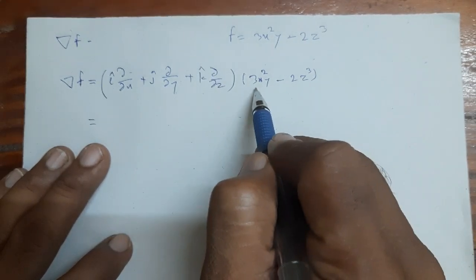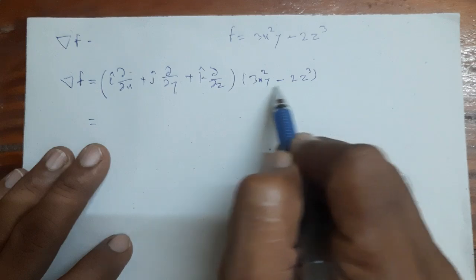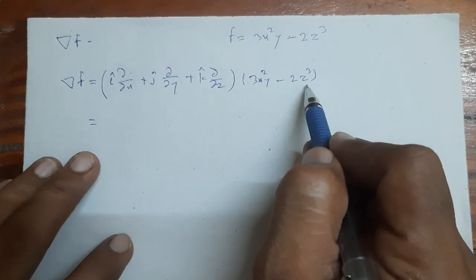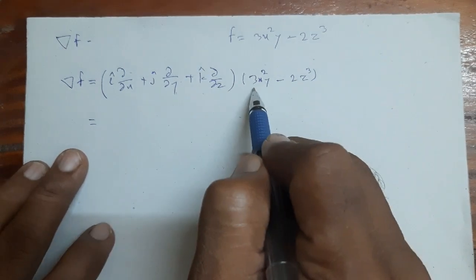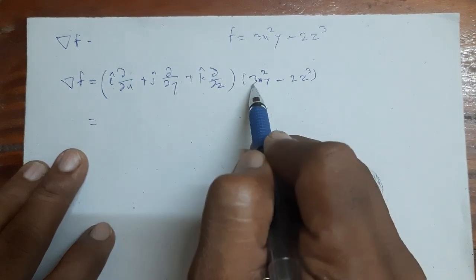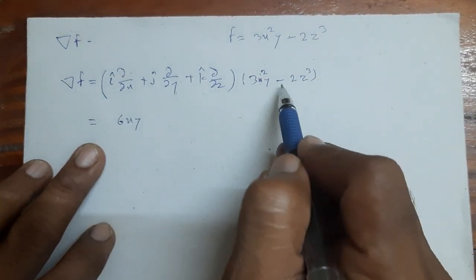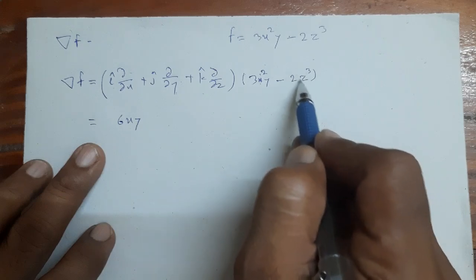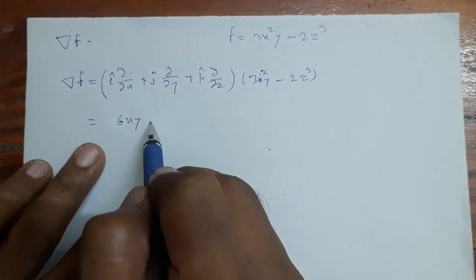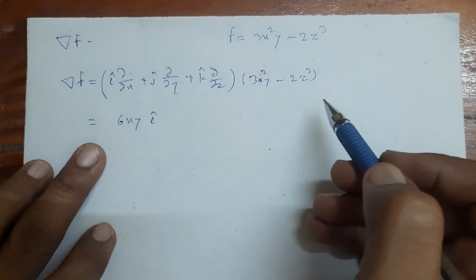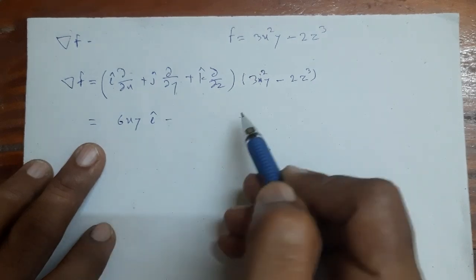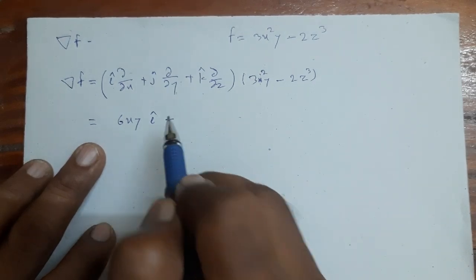Means I will have to calculate the derivative of this function with respect to x, and that will be the coefficient of i cap. Therefore, the derivative of 3x square y will be 6xy, minus the derivative of 2z cube with respect to x, which is 0. Therefore, this is i cap. Okay, plus.